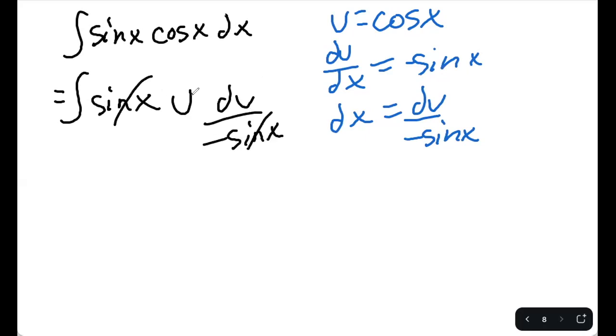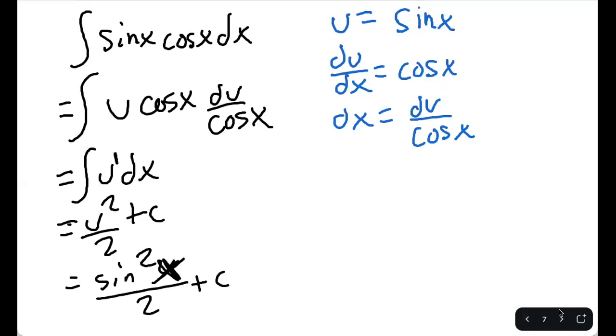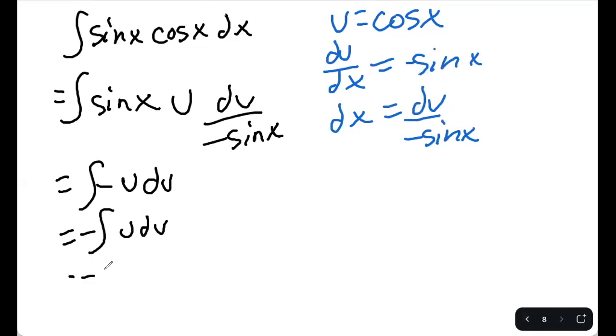Sines cancel, so it's an integral of negative u du. You take the negative out. It's a very similar integral to what we just did. So u squared, so negative u squared.